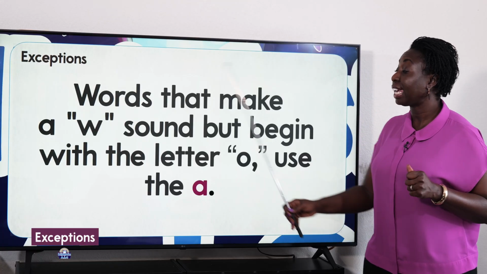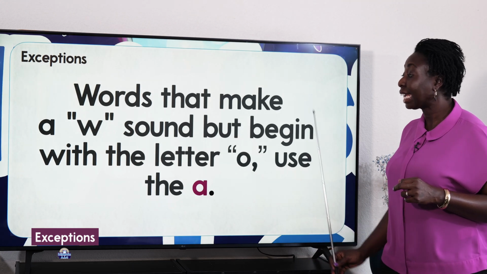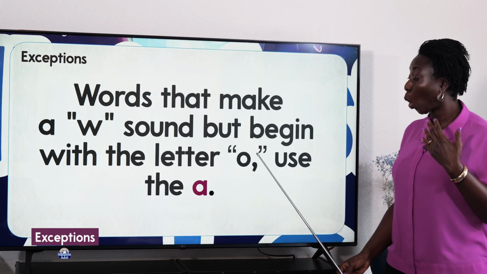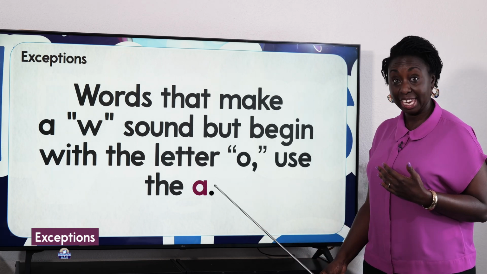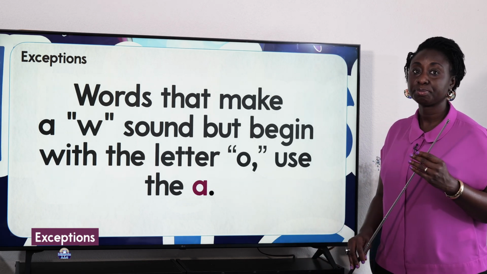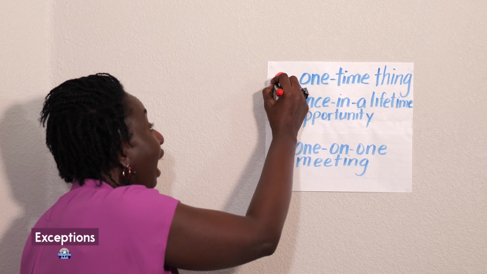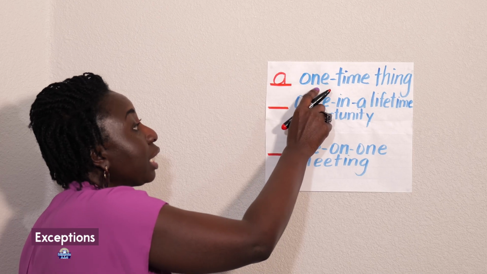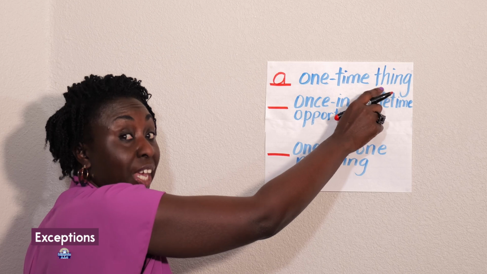Words that make a W sound but begin with the letter O use the A. So here we will put a one-time thing.